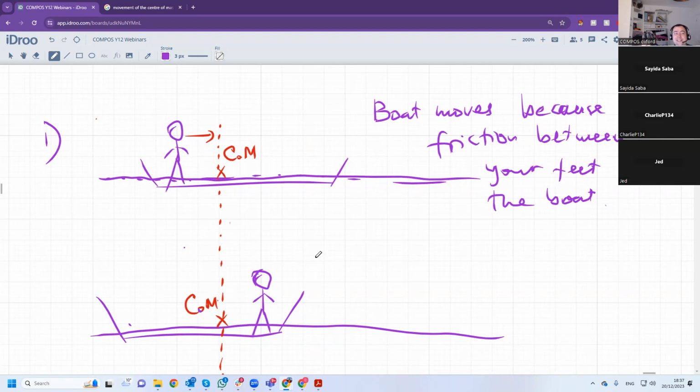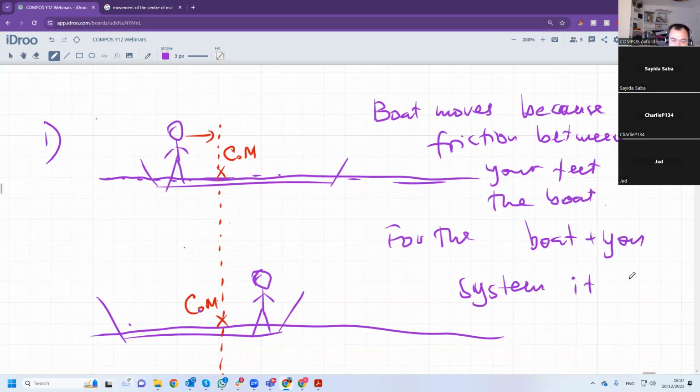So for the boat, that's an external force. But for the boat plus you system, it is an internal force.